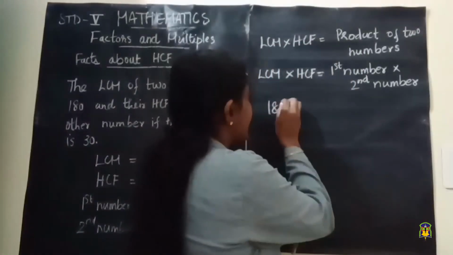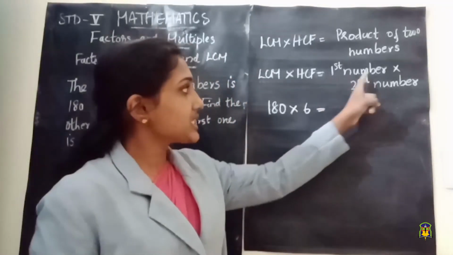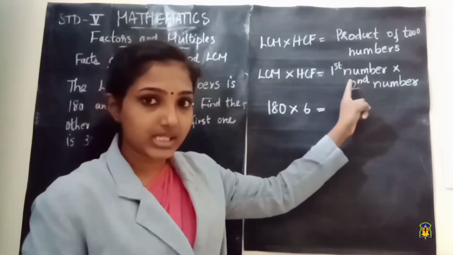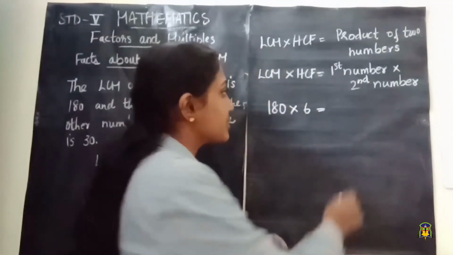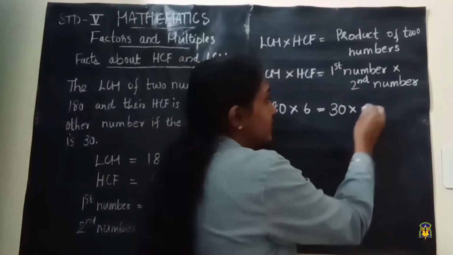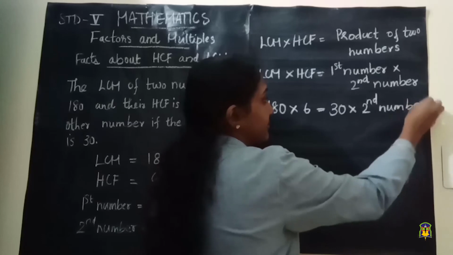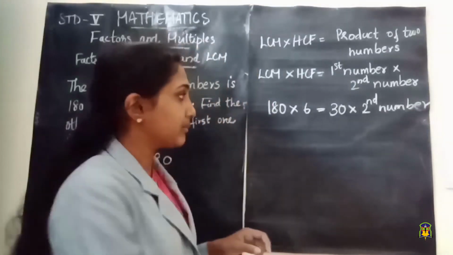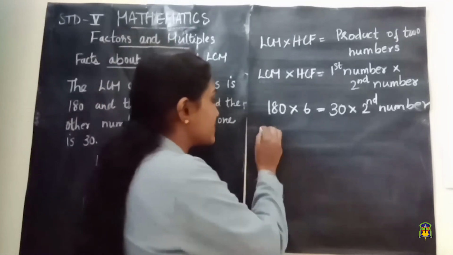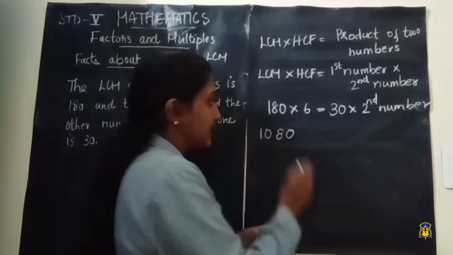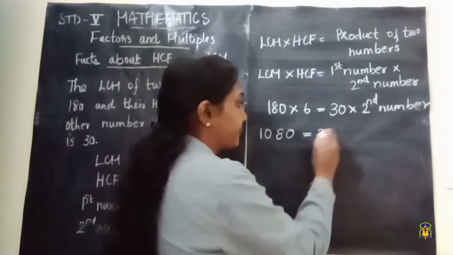So we can write that 180 into 6 is equal to first number into second number. The first number is given. The first number is 30 here, right? So it is 30 into second number. Okay. So 180 into 6 will give 1080, which is equal to 30 into second number.